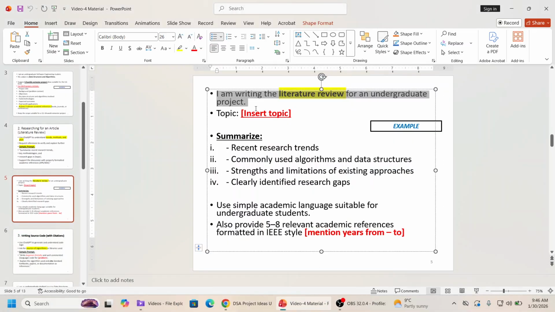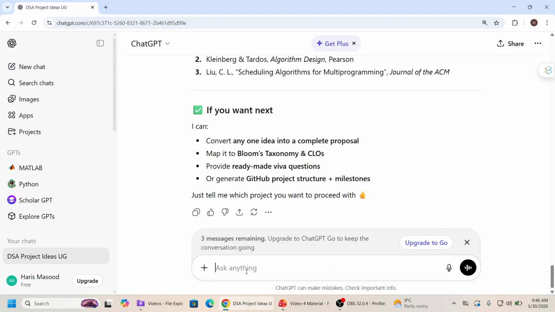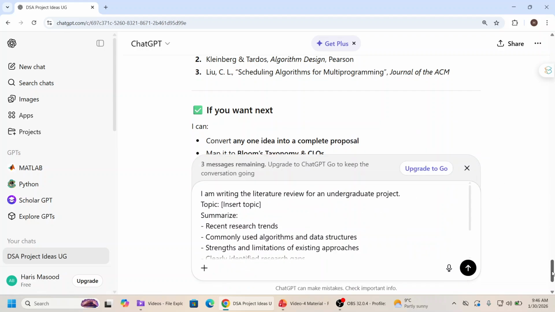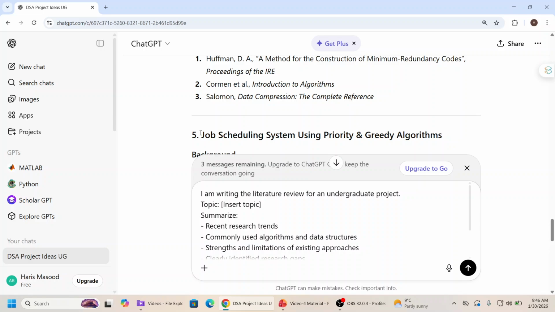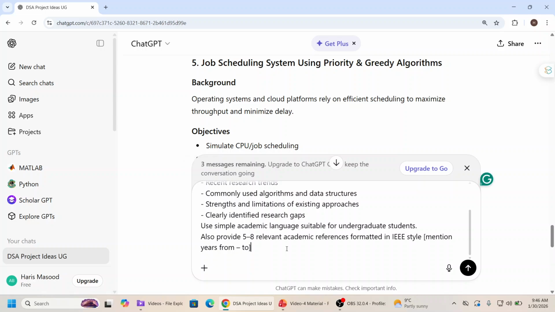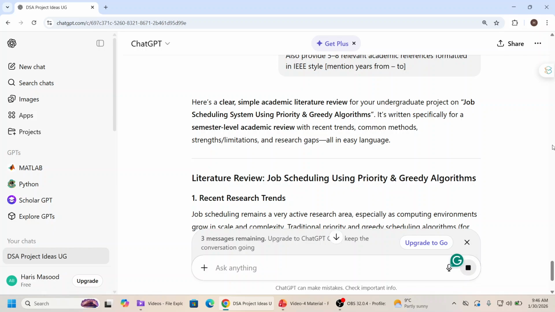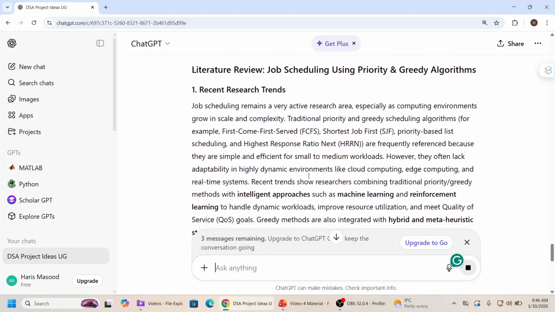So let's just copy paste this prompt from here and plug it in. In the insert topic, let's take one of the topics that was given to me in the previous prompt, and you can put the topic here. Let's see what kind of output ChatGPT gives us. So again, the literature review of job scheduling using priority and greedy algorithms.